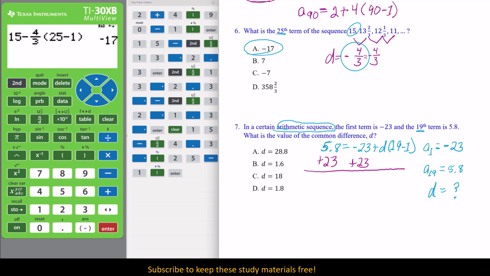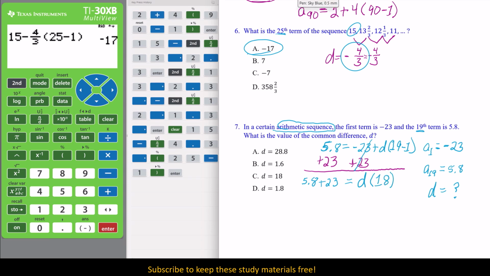The first thing is negative 23 plus 23 is 0. So let's write out the left side. 5.8 plus 23 is equal to, and I have my D, and 19 minus 1 is the 18.